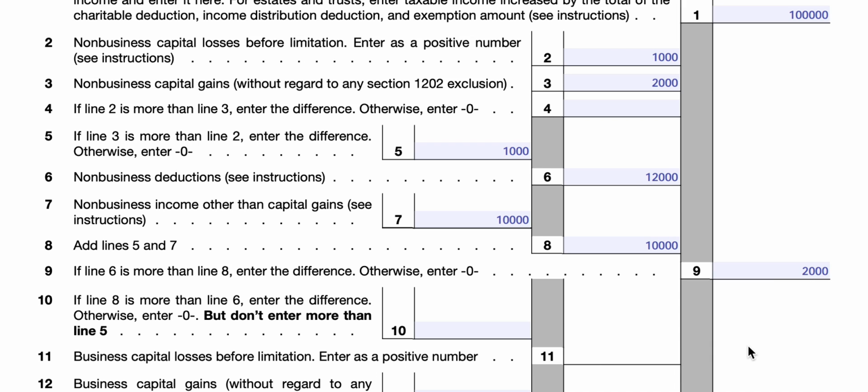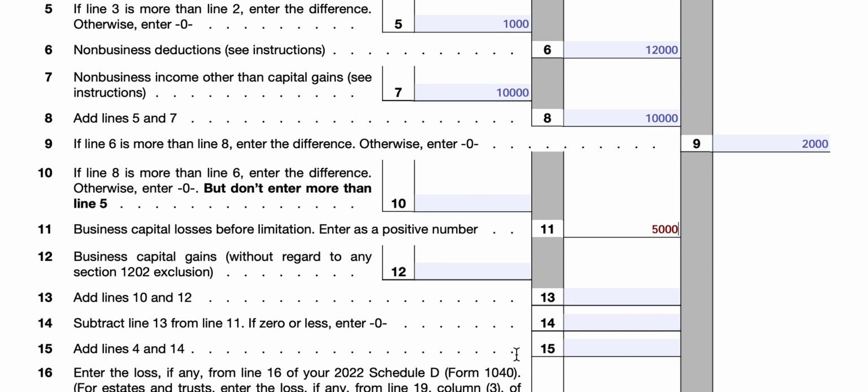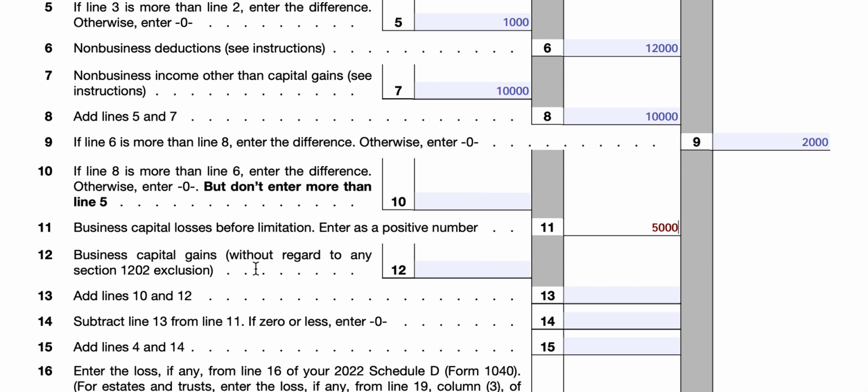So let's imagine that you had $5,000 as a business capital loss. And business capital gains, let's imagine that you have $2,000 in business capital gains, you would add the numbers in lines 10 and 12 to arrive at number 13.